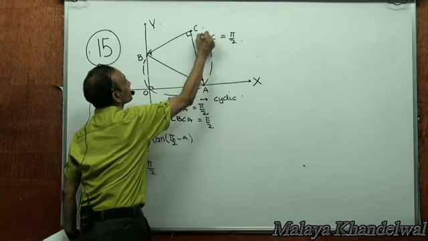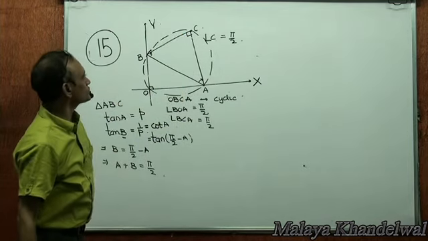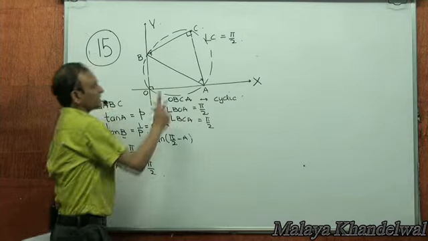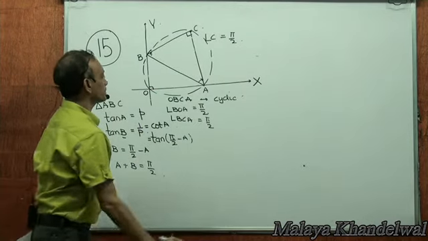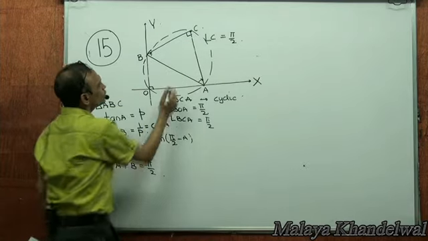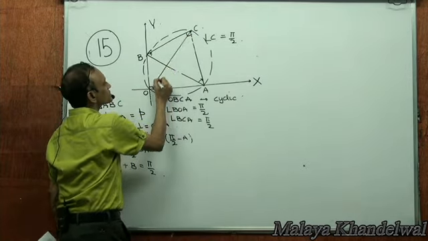My freehand sketch is not that good, but almost a circle now, right? It's a cyclic quadrilateral because a pair of opposite angles is supplementary. This plus this is 180 degrees. Now, all these points lie on the same circle, very clearly.